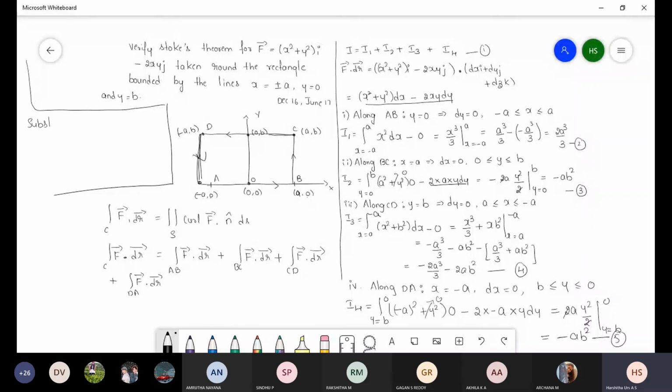Substitute equations 2, 3, 4, 5 in equation 1.